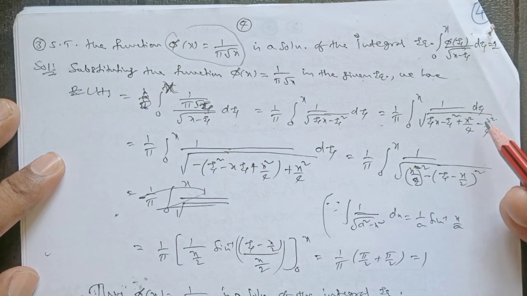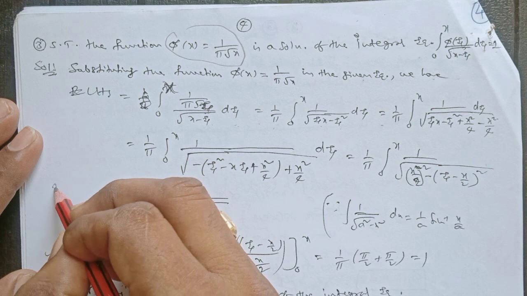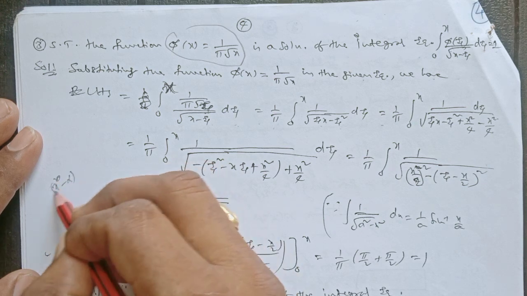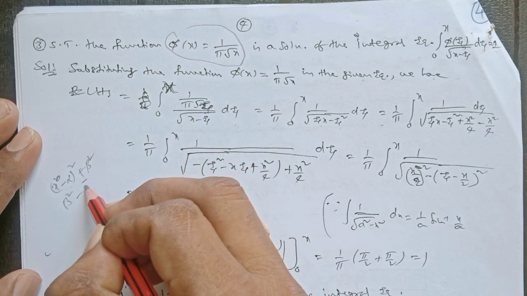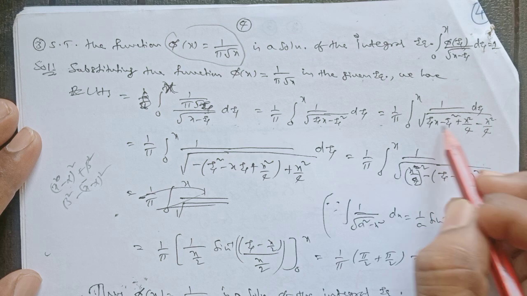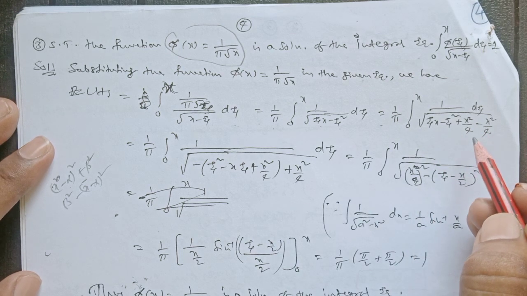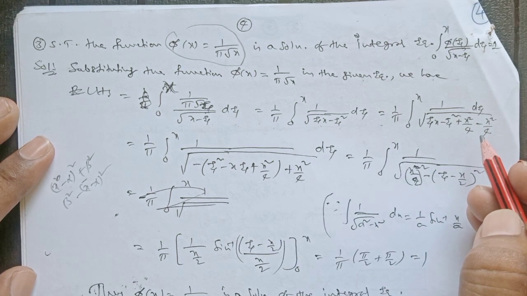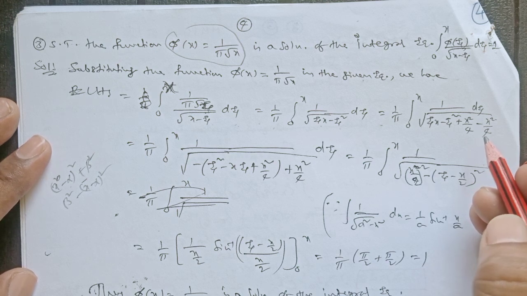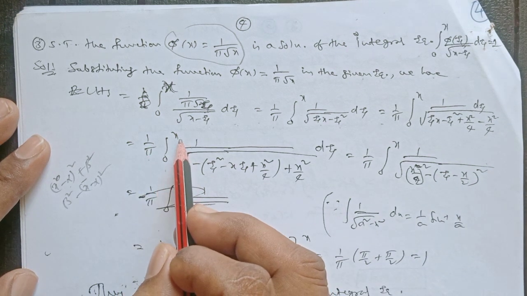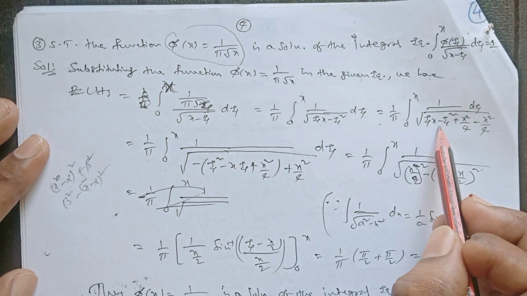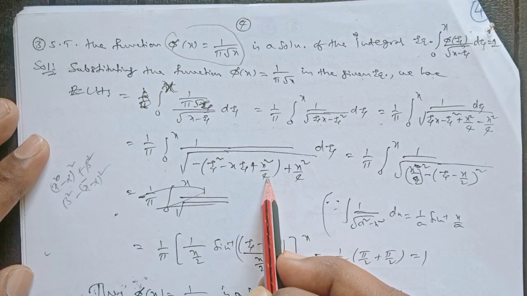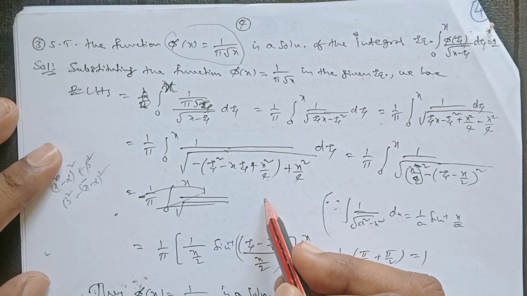I want to convert this as a perfect square, that means x minus alpha whole square plus beta square, or x minus alpha whole square minus beta square, or beta square minus x minus alpha whole square. I am converting it like that, the term inside the root has to be converted so, because we convert to the formulas 1 by root a square minus x square, 1 by root x square minus a square, 1 by root x square plus a square. Then 1 by pi into integral of root, 0 to x, then I take minus common because the coefficient of xi square is minus. I am taking minus common entirely. So xi square minus xi x plus x square by 4.